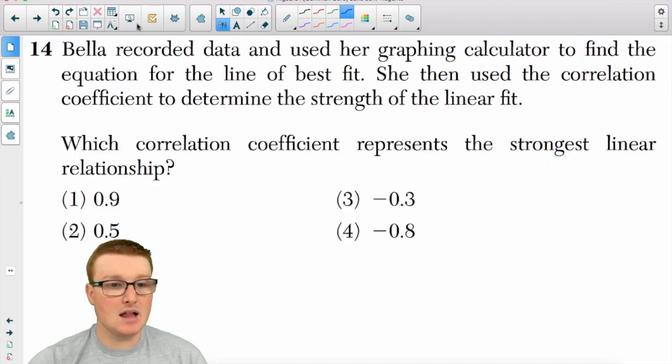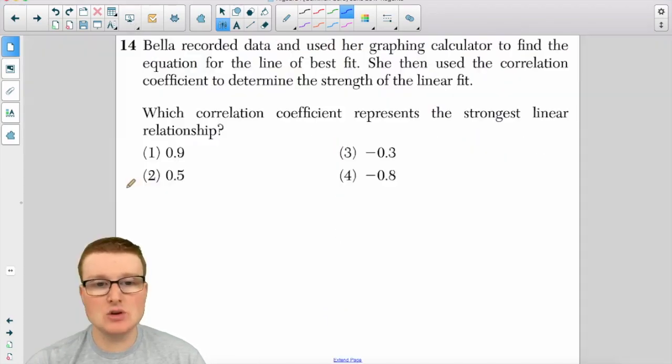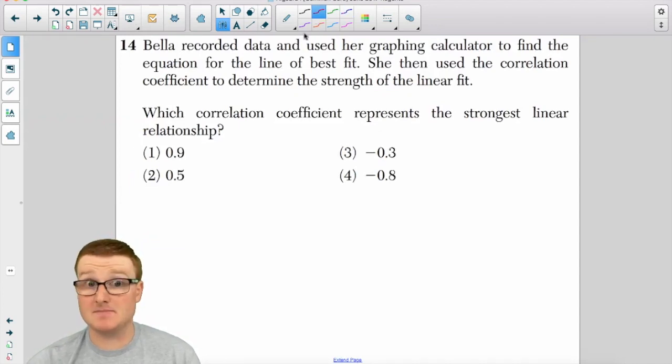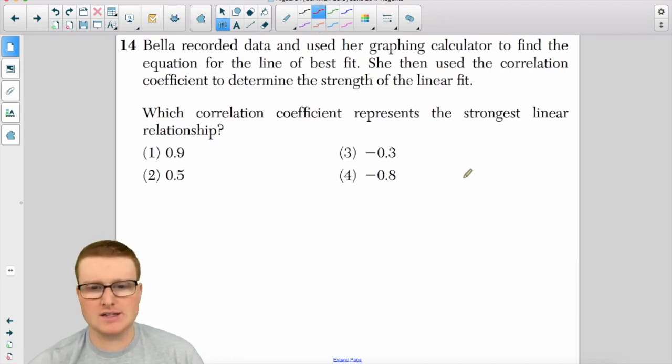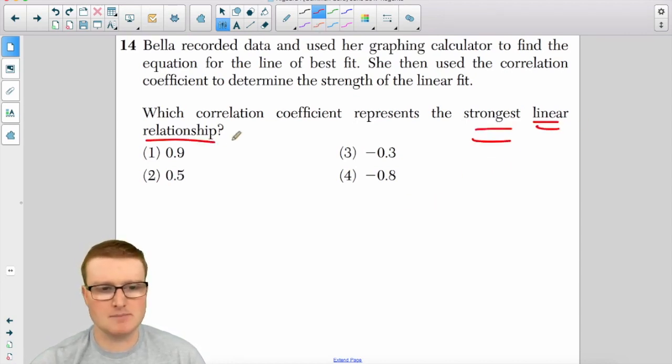14. Bella recorded data and used her graphing calculator to find the equation for the line of best fit. Then she used the correlation coefficient to determine the strength of the linear fit. Which correlation coefficient represents the strongest linear relationship?